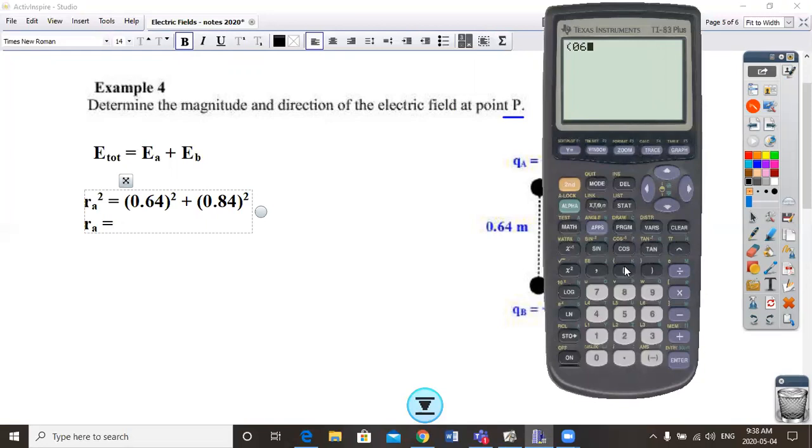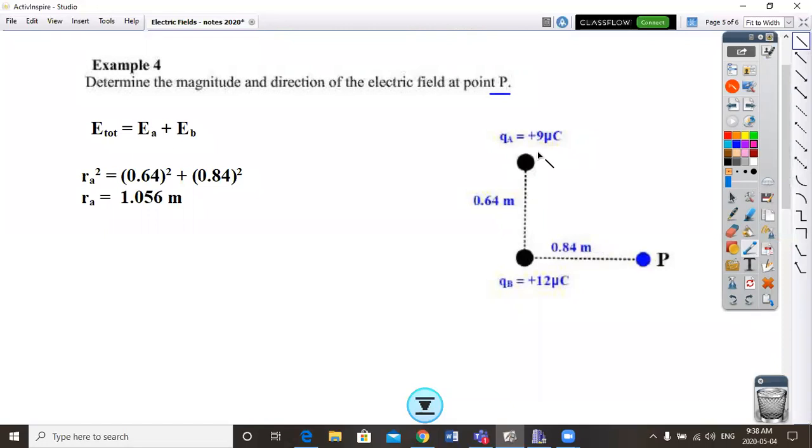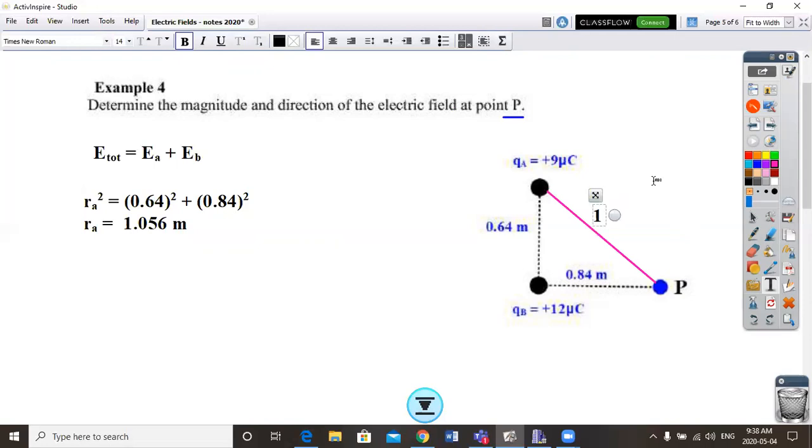Okay, so 0.64 squared plus 0.84 squared. Okay, and then we take the square root of that, and you get 1.056 meters. Good. So if we were going to label this then, that would be 1.056 meters. Okay.